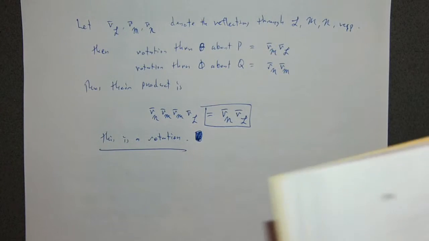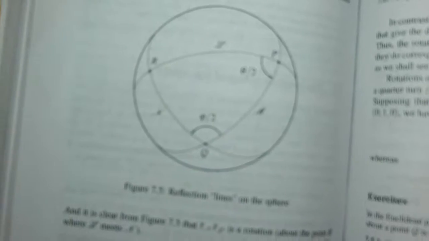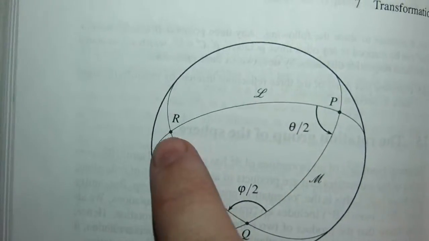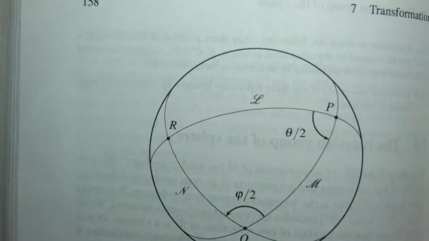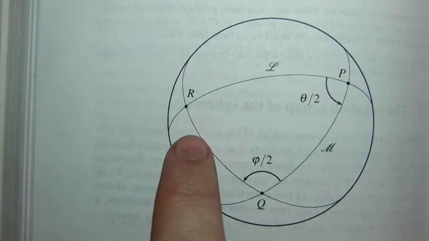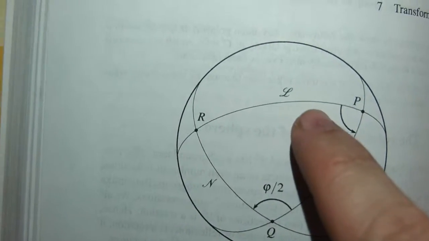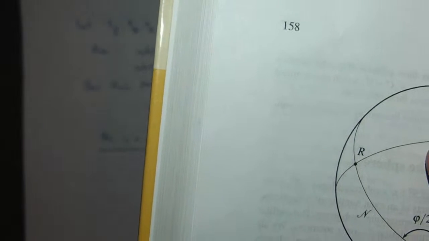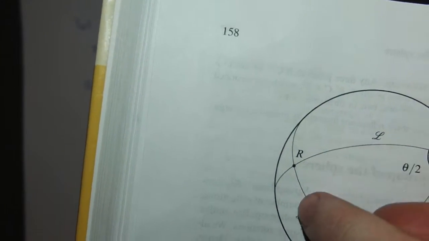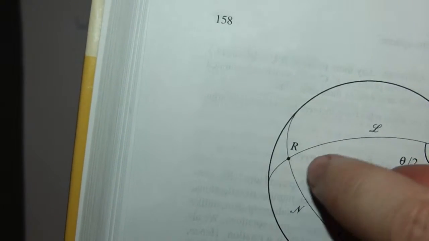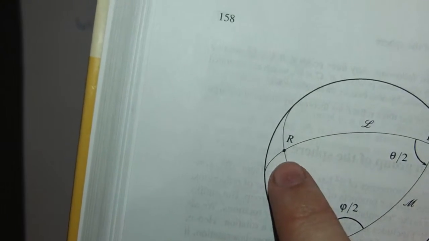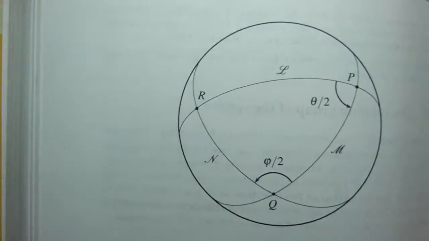So here's where the picture comes in. Consider where L and N intersect. The lines L and N intersect at some point, labeled R in this diagram. Reflecting across L and then across N is a rotation through this angle, right? Whatever angle L and N meet at, it's a rotation through that angle about the point R, which is the point of intersection of those two lines.